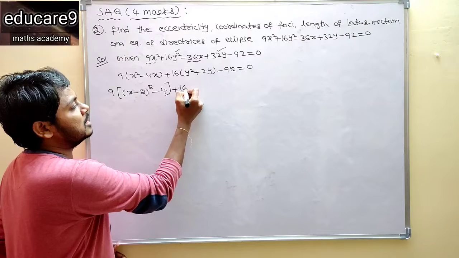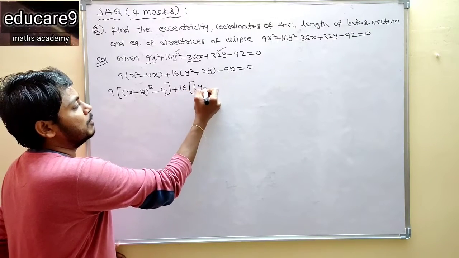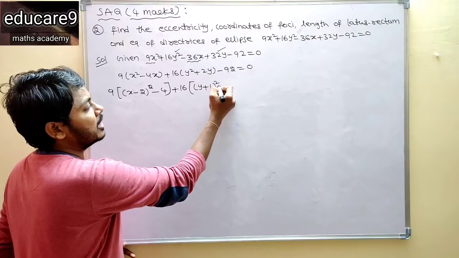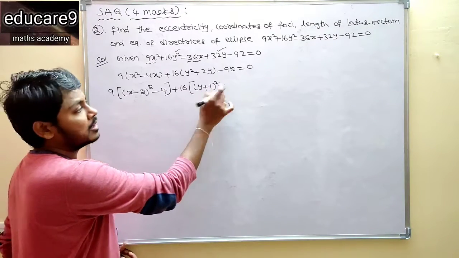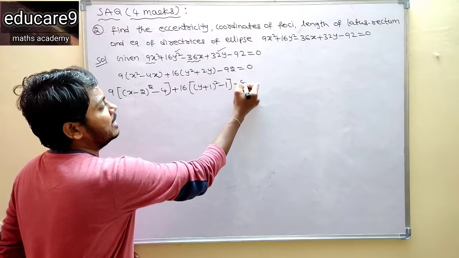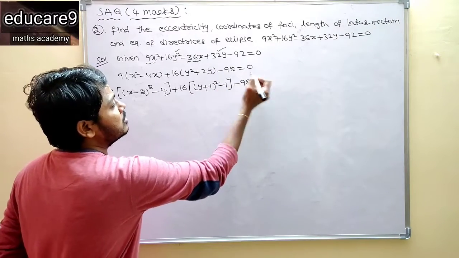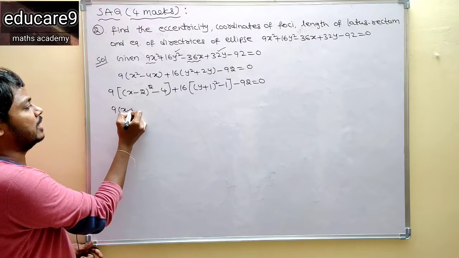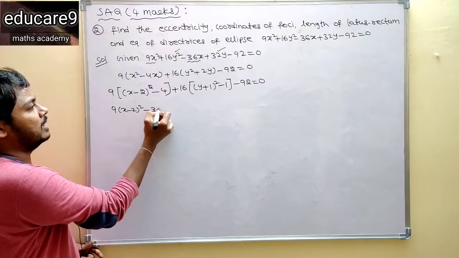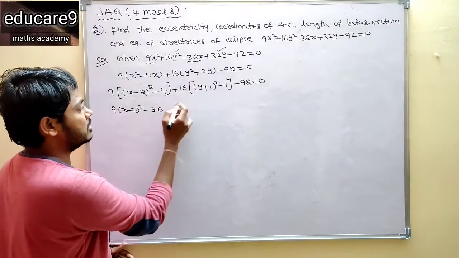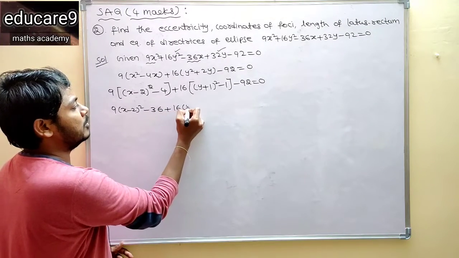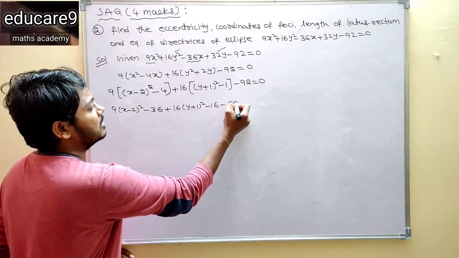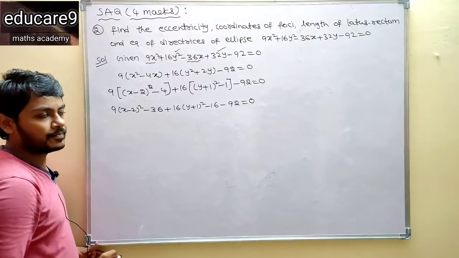Next plus 16 into here y plus half value of 2, 1, whole square minus square of this 1, minus 92 equals to 0. So this is 9 times of x minus 2 whole square minus 36. Next this one plus 16 times of y plus 1 whole square minus 16 minus 92 equals to 0.